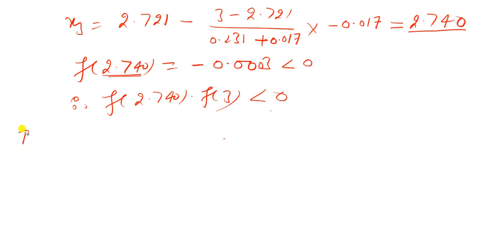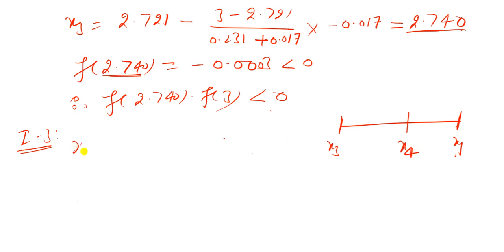So in iteration number 3, this is x3 and this is x1. x3 is 2.740 and x1 is equal to 3. So the next approximation is denoted by x4.